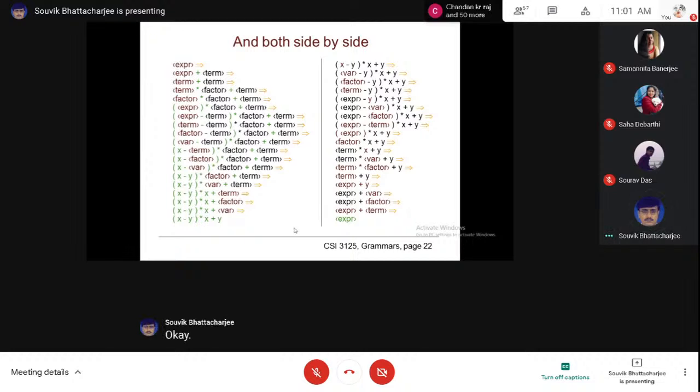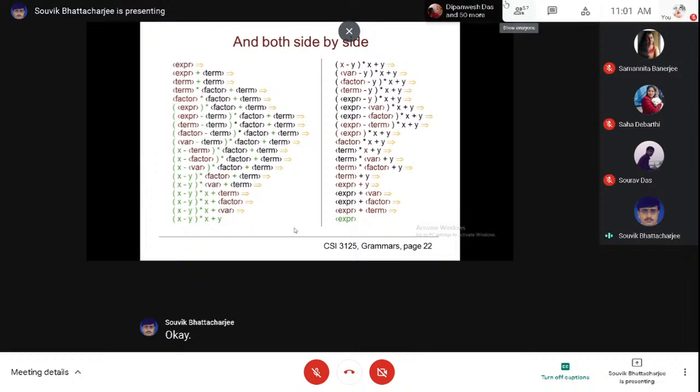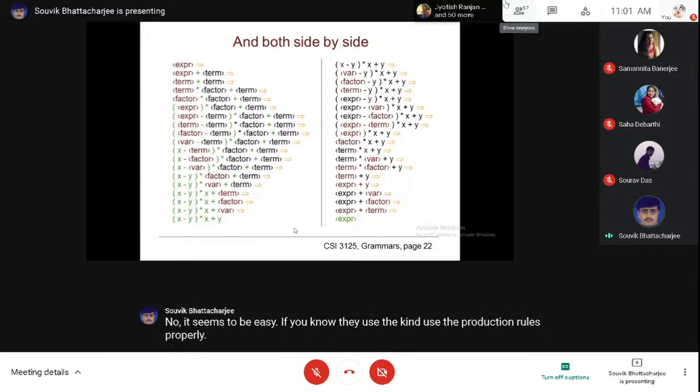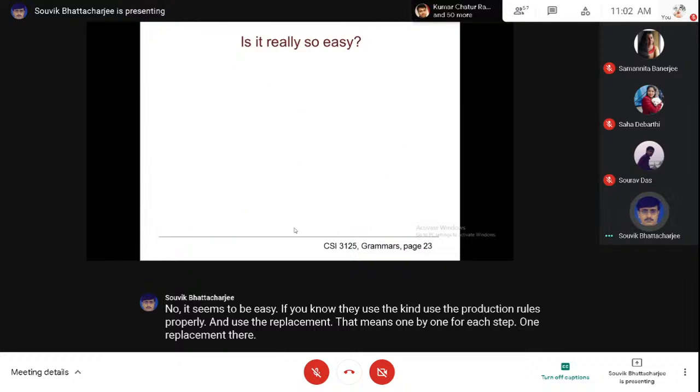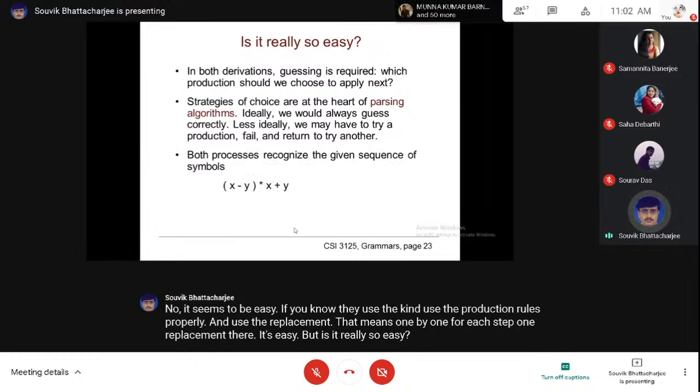Okay. Now, it seems to be easy, if you can use the production rules properly and use the replacement. That means one by one for each step, one replacement will be there. It's easy. But is it really so easy for implementing these things?